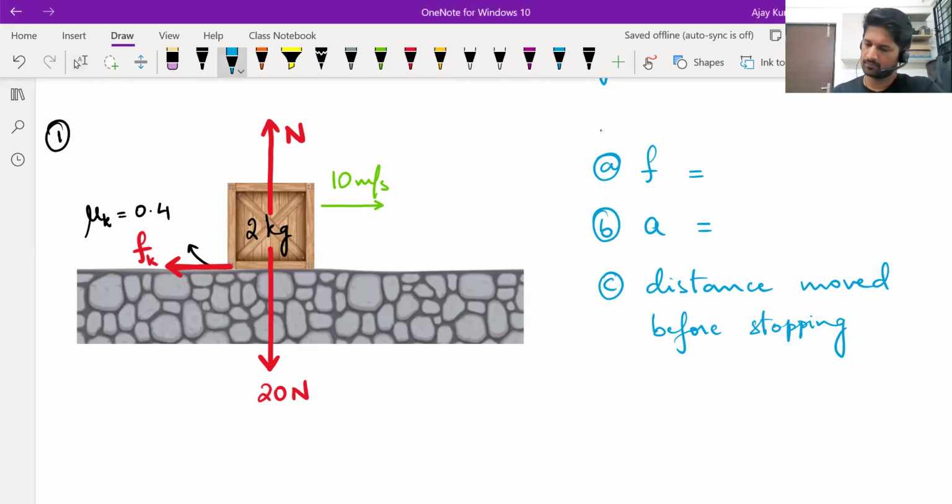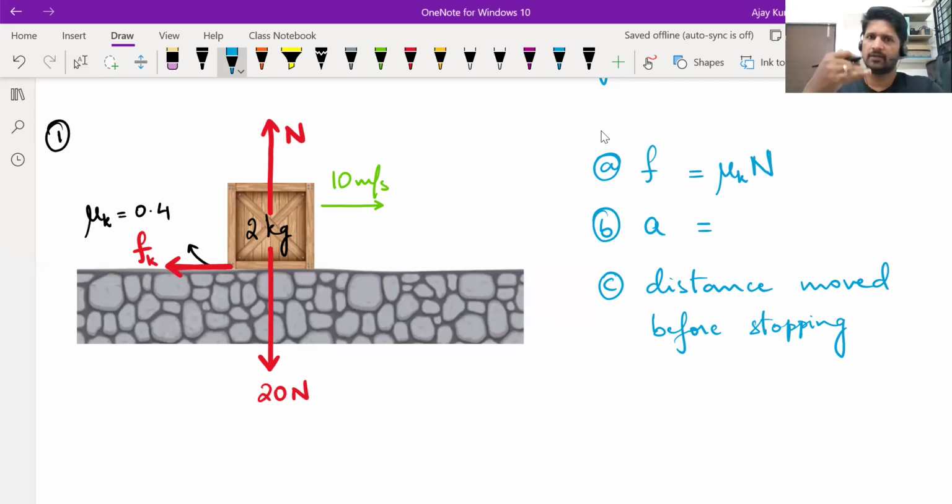Sir, 8 Newton. Okay. The formula? Coefficient of kinetic friction into normal force. 0.4 into how much will the normal force here be? 20 newtons.